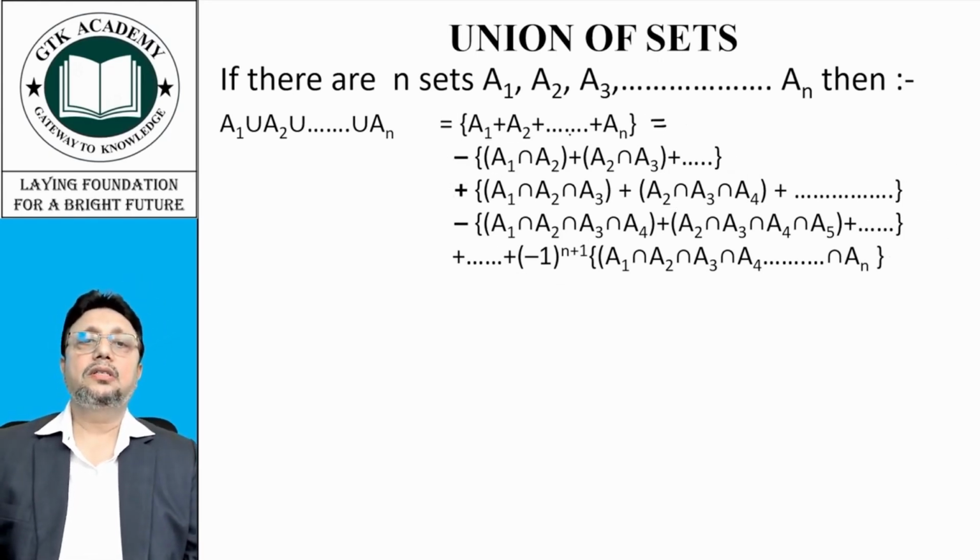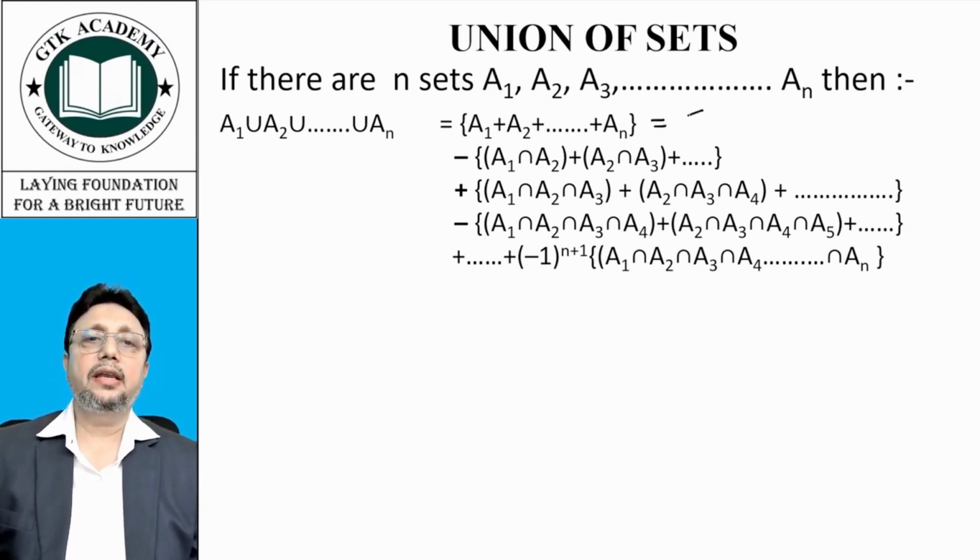Now this A1 plus A2 till An can also be written sigma A1. This whole can be written as sigma A1 intersection A2, right? Like this.